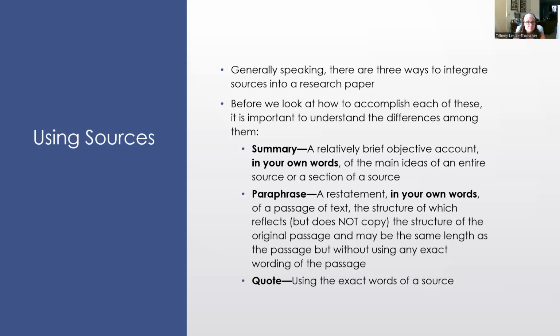But it is possible that you look at a website, for instance, and a page on that website, and there's no one significant section that you're going to use in your paper. It's really more like overall, the information that page presented is something that you want to mention in your paper. Then summary is the way you're going to do it.